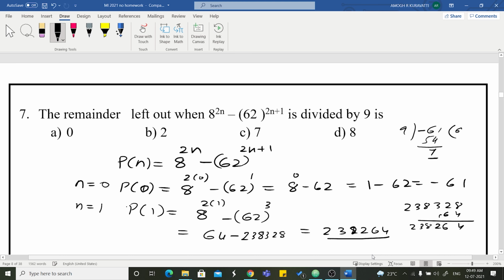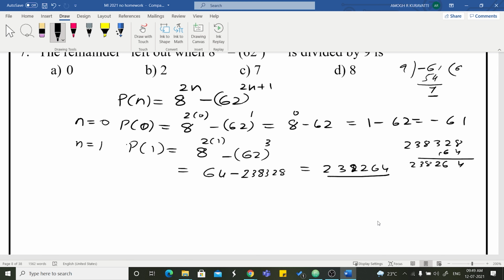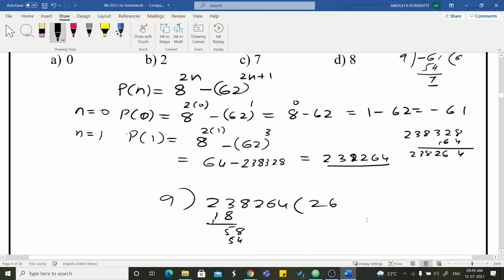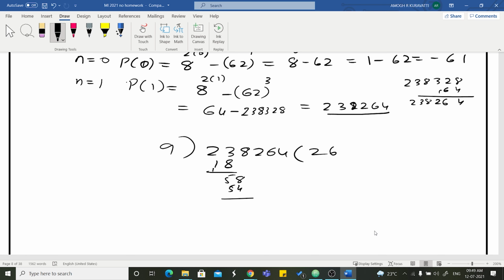Now this number is divided by 9. Let's divide 238264 by 9 to find the remainder. 9 2s are 18, 23 minus 18 is 5, 58. Then 9 6s are 54, so that is 4.